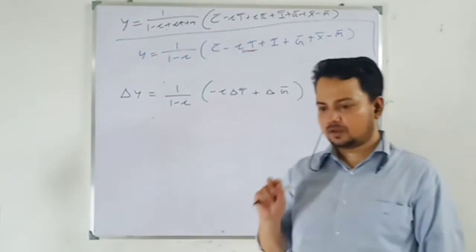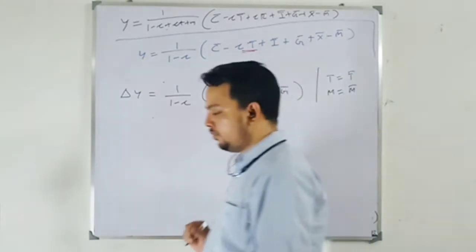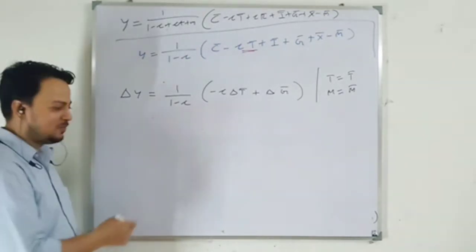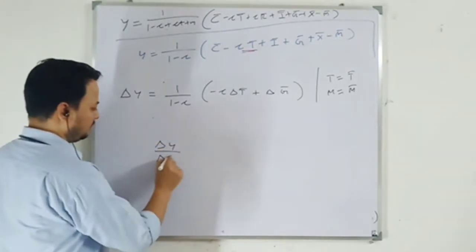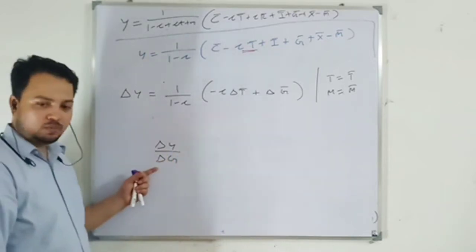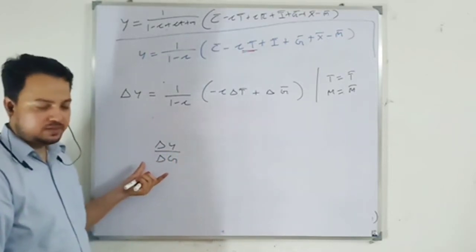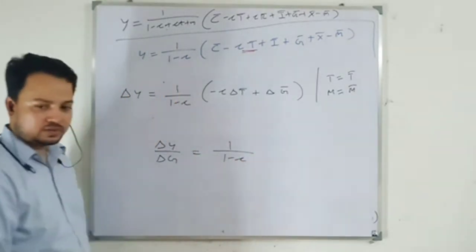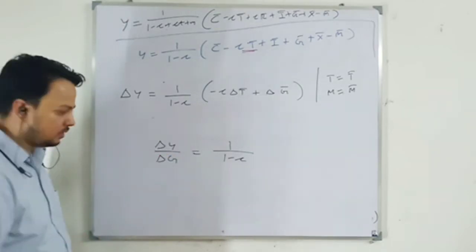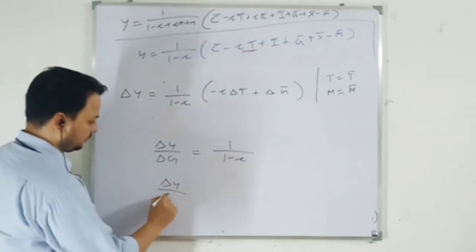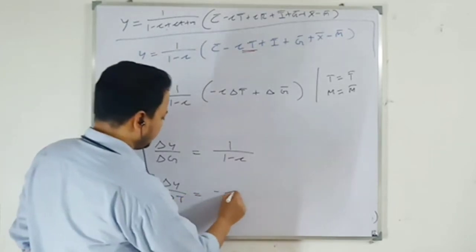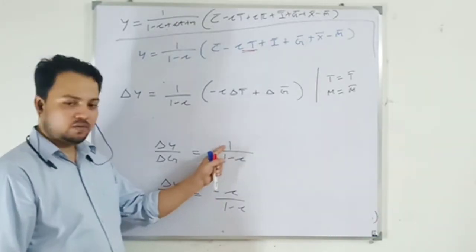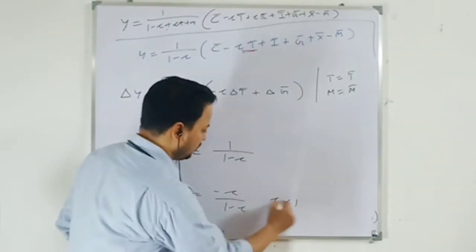Before I proceed further, I just finish one more point. Like in the morning session we have done it already, but let me put it one more time. So this is your ratio of income to government expenditure, my government expenditure multiplier. This is 1 over 1 minus C, and this will be equal to minus C over 1 minus C. The denominator is the same; here you have 1, here you have C, which lies between 0 and 1.